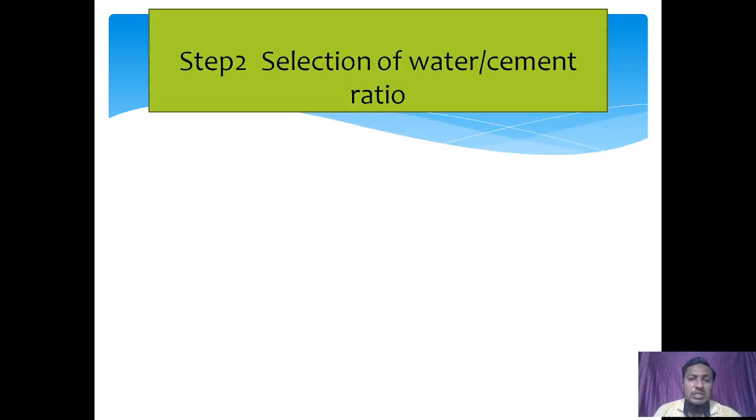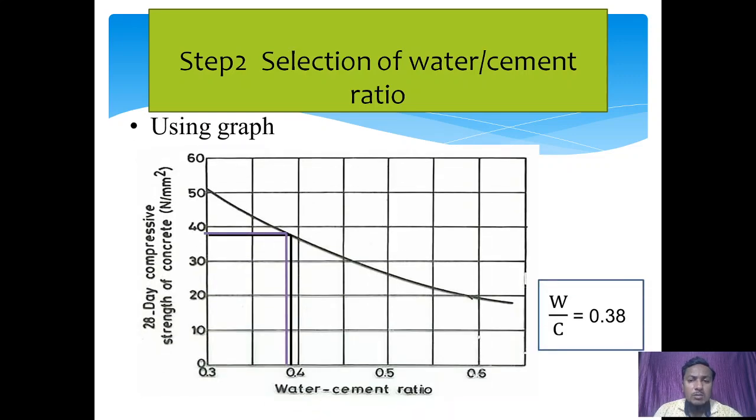Step 2, selection of water cement ratio. So you can select the water cement ratio by using this graph. Using this graph, you can find out the water cement ratio. As you can see here, this will show the 28 days compressive strength, and on the x-axis that will show the water cement ratio. So accordingly you can select the water cement ratio.